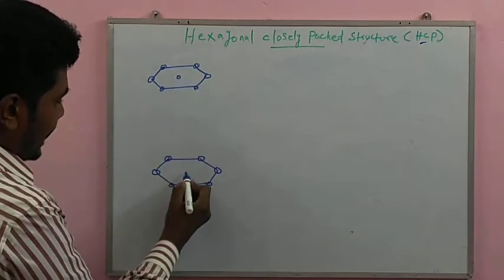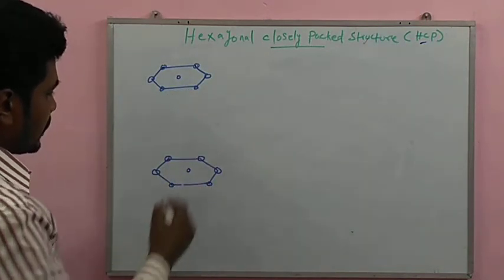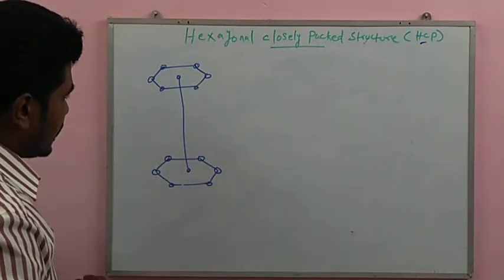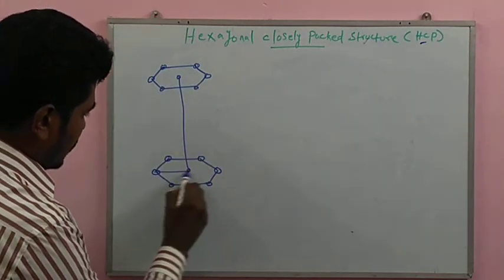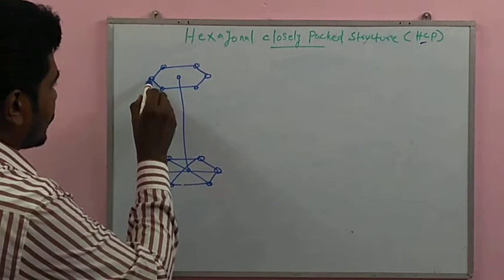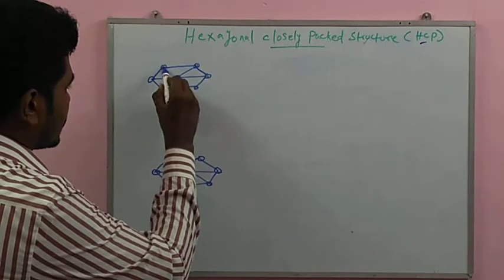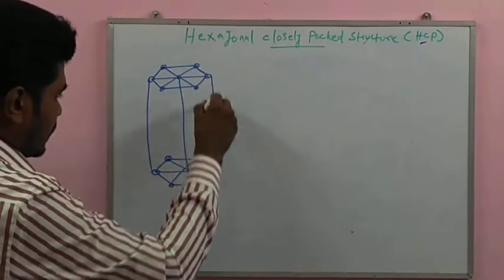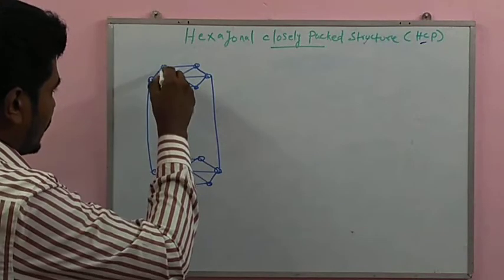Then 2 base centered atoms. Try to understand, there are 2 base centered atoms in the middle. Now it is connected like this. Now connect the lattice points.